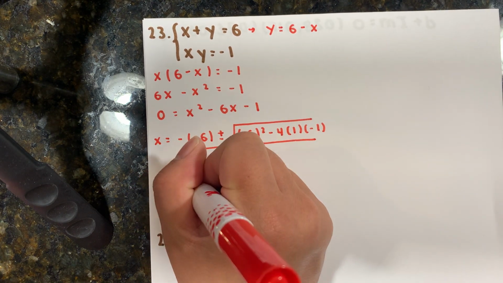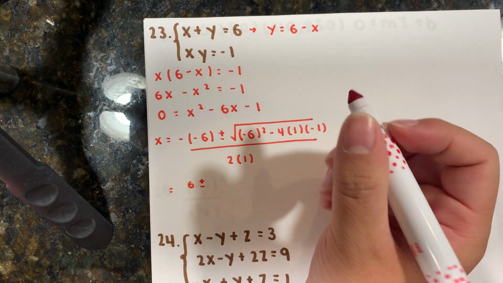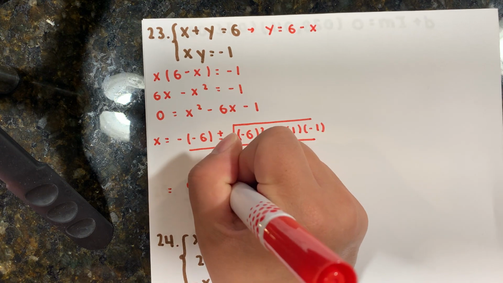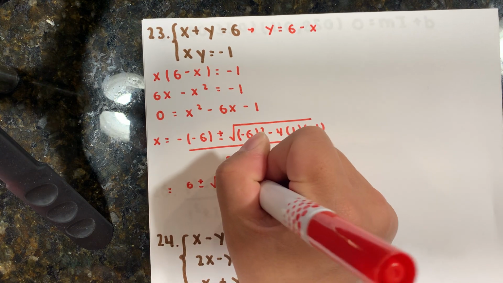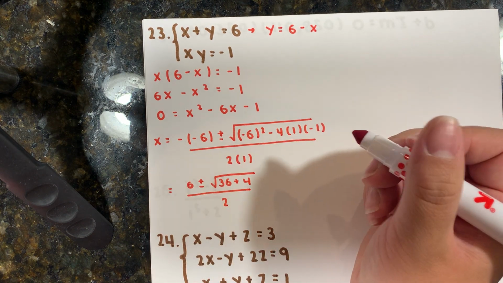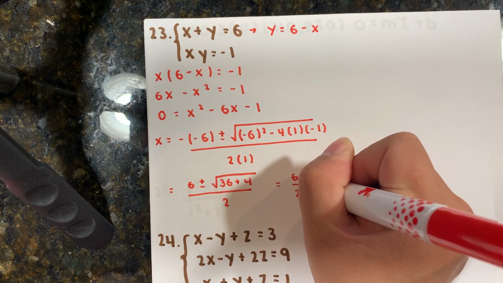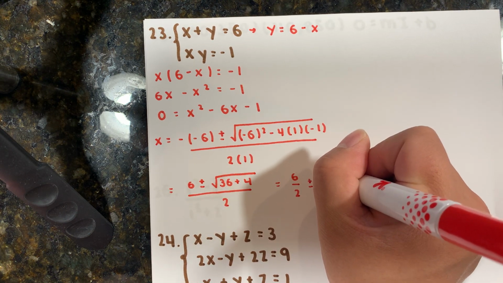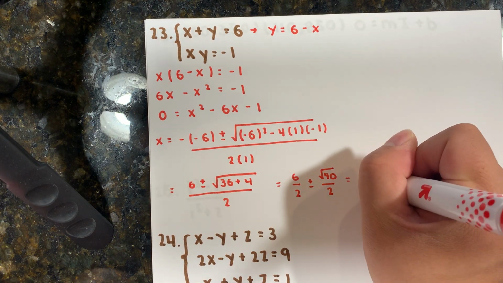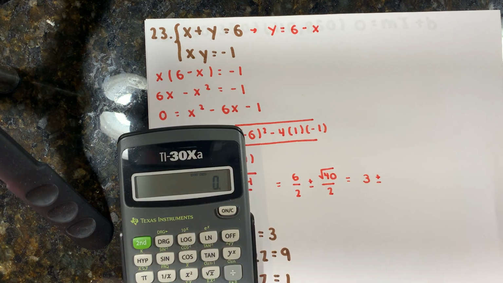So that would be positive 6 plus or minus the square root of 36 plus 4 over 2, which would be 6 over 2 plus or minus the square root of 40 over 2, which would simplify to 3 plus or minus the square root of 40 can be simplified.